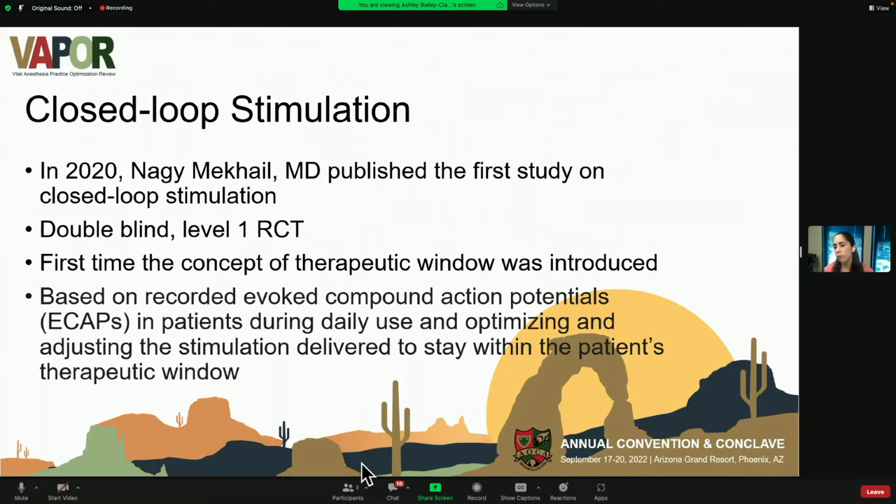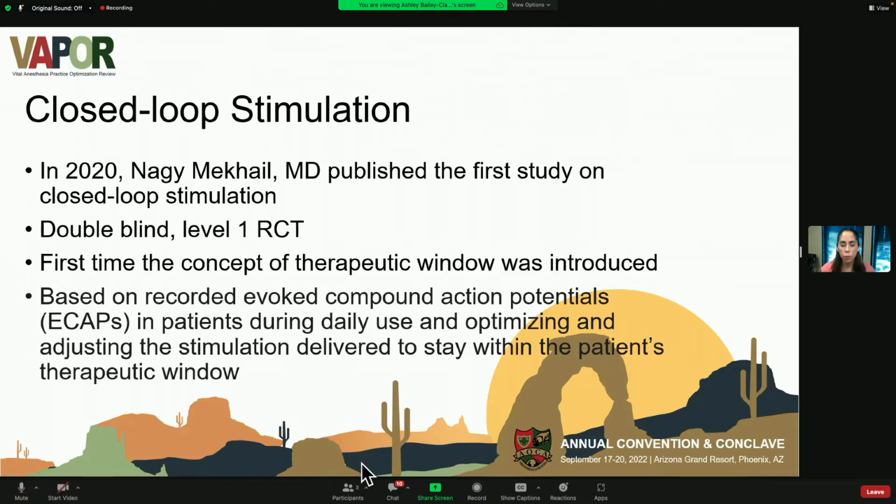So we've talked about waveform, we've talked about an area of the body to stimulate with that DRG, but we've never really talked about a therapeutic window like we do when we're talking medicines. So this study put out by my mentor, Dr. McHale, in 2020, was the first study to discuss closed loop stimulation. Again, this was a double-blinded level 1 randomized control study, and this looked again at that therapeutic window. So what they did is they delivered a small stimulation to the spinal cord and then read it at either end of those electrodes.